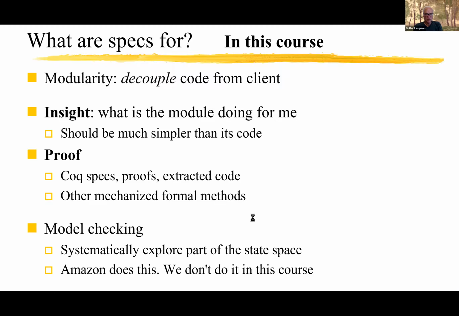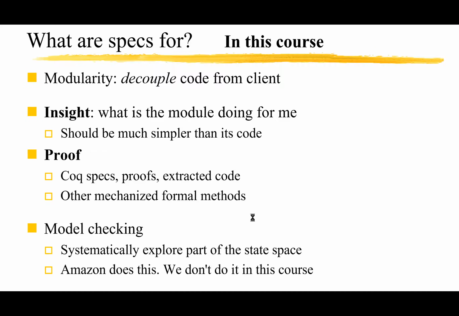This notion of proving the correctness of code with respect to a spec is actually the main theme of this course. We'll be studying that in labs with Coq specs, and we'll also be studying other mechanized formal methods of doing this kind of proof in other papers that we read.